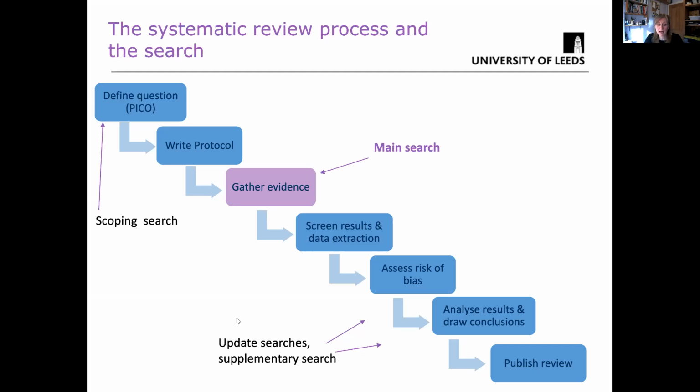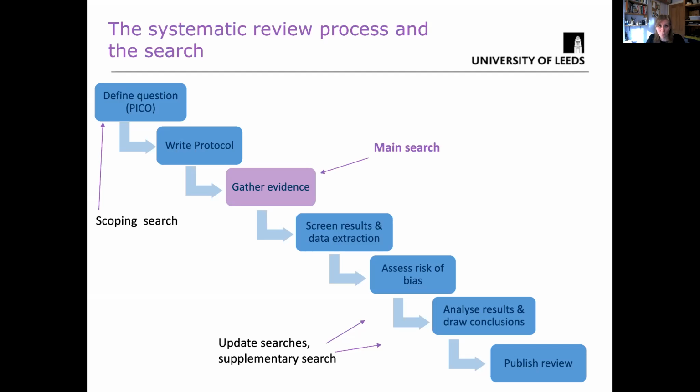And towards the end of the review, you will do some extra searching, which will add to the main body of evidence that you found. So when you get to the end of the review and you have your set of studies that you want to include, it's very usual that we check through the reference lists of those studies, just to see if they're referring to any other trials or studies which are relevant to your review that maybe our searches haven't picked up when we did them originally.